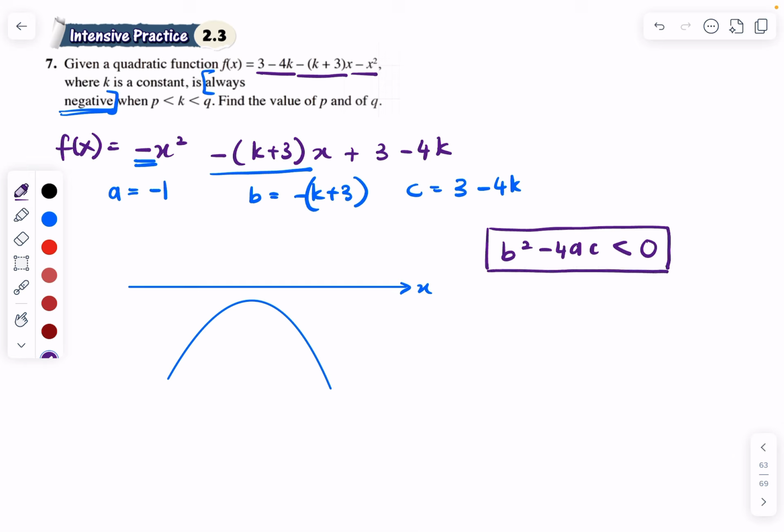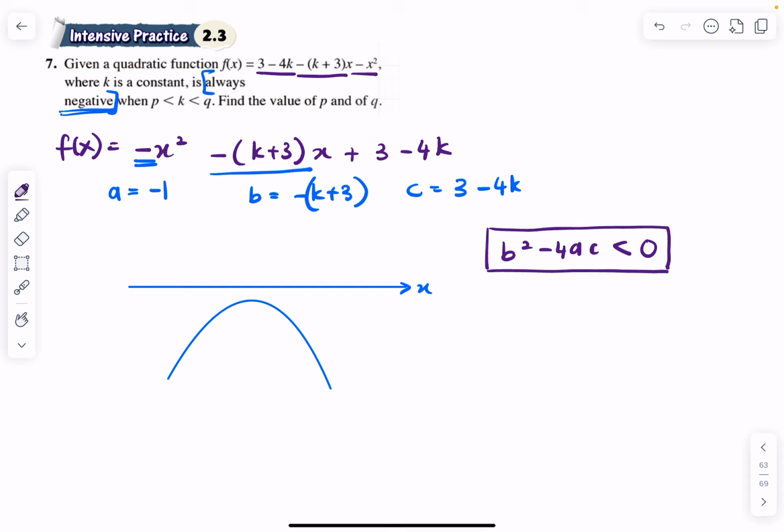Because there is no real roots. If it touches the line, this one will be equal to 0. If it's like this, where it has two real roots, it will be more than 0. Okay, so in this case, this one is less than 0.